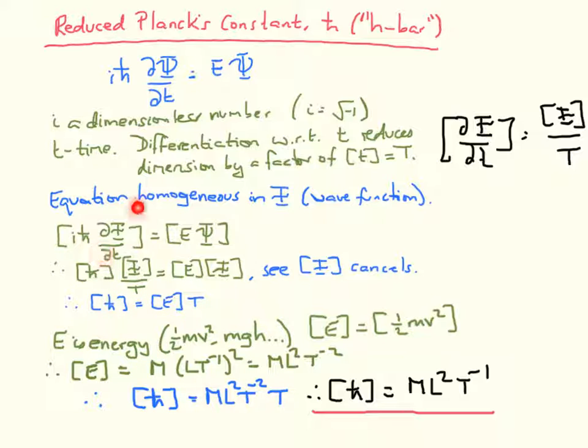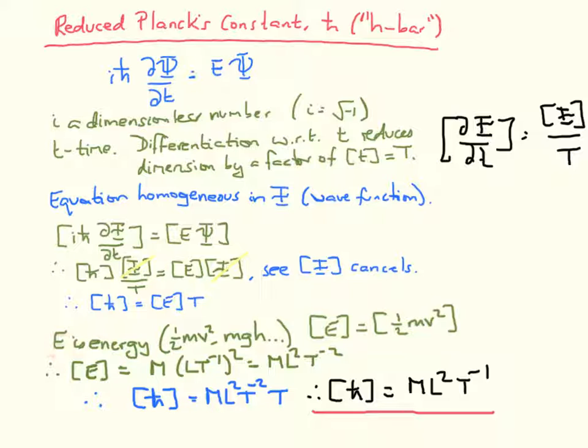As we've discussed here, we can replace the dimensions of this by the dimensions of the wave function divided by capital T, the dimension of time, and on this side, just factorising this, we have the dimensions of energy times the dimension of psi. And so we see that on both sides we have dimensions of psi, and that means that they will cancel. So what we realise is that the dimension of h bar is going to be the dimension of energy, and then we multiply both sides by t to bring this to here, so it's going to be multiplied by the dimensions of time.